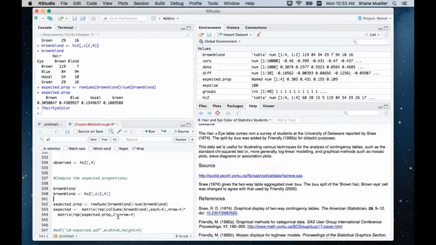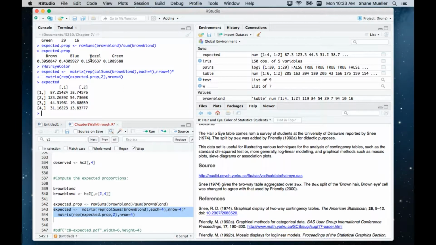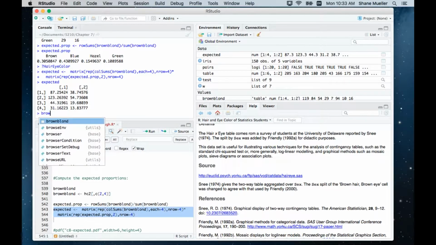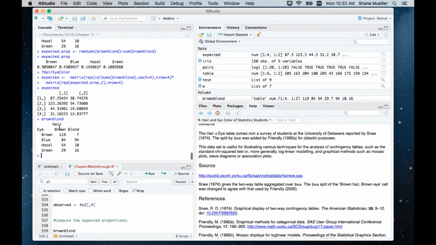Okay, so this is the expected proportion, and I can multiply that back out. I've got a certain number of brown hair and a certain number of blonde hair, so I can multiply that back out to form what the expected number in each of these should be.